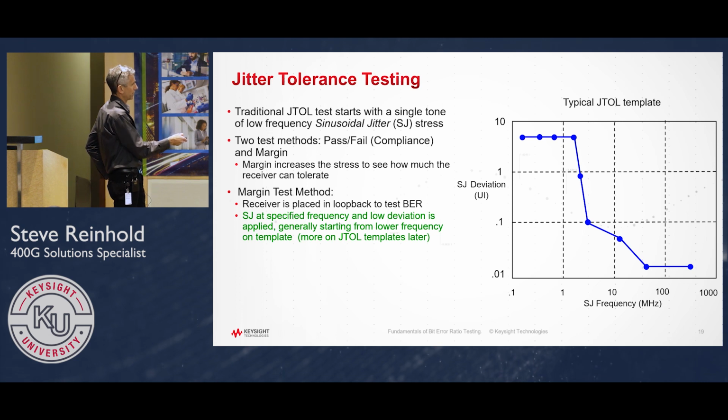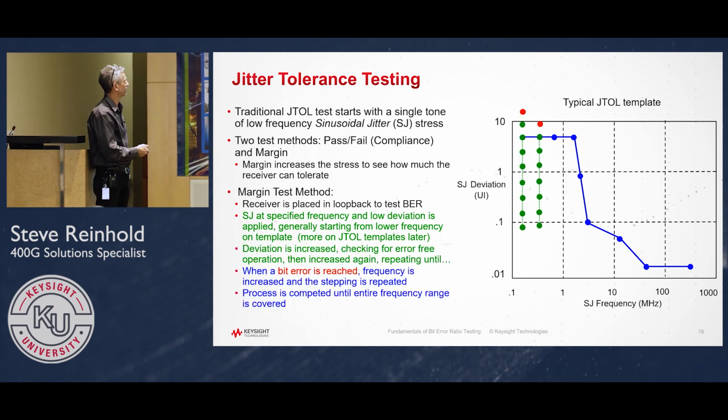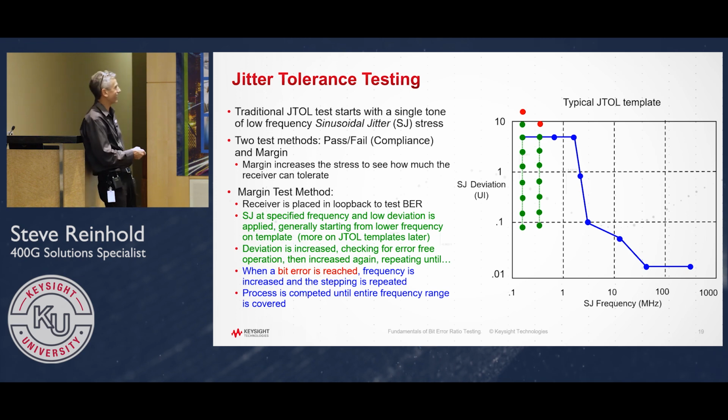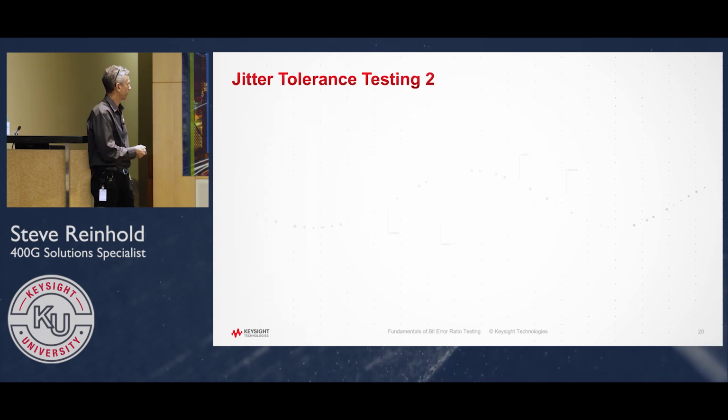This line would be your pass-fail criteria. Oh, he does have animations. Sorry, these didn't run the exact same way last time I saw this. So anyway, the idea is you increase the amplitude until you get failures, then you step your frequency and do it again, and you go all across this chart.